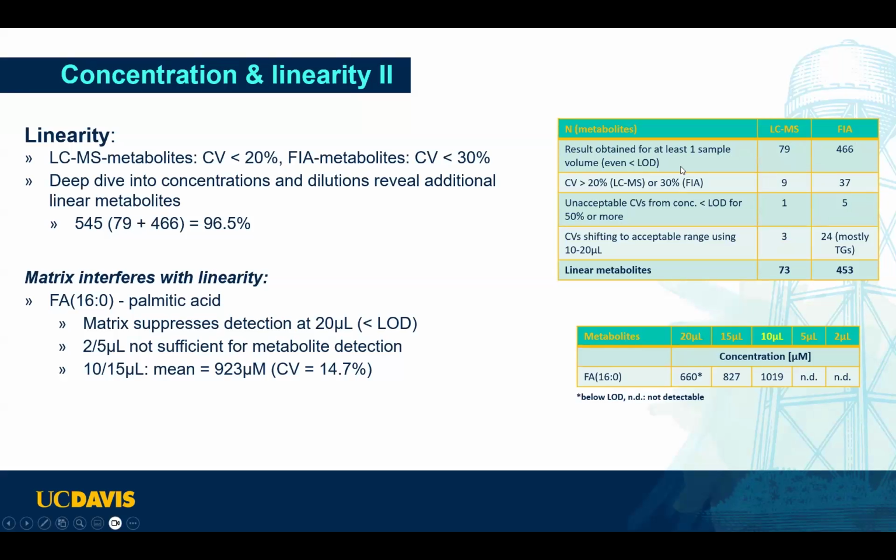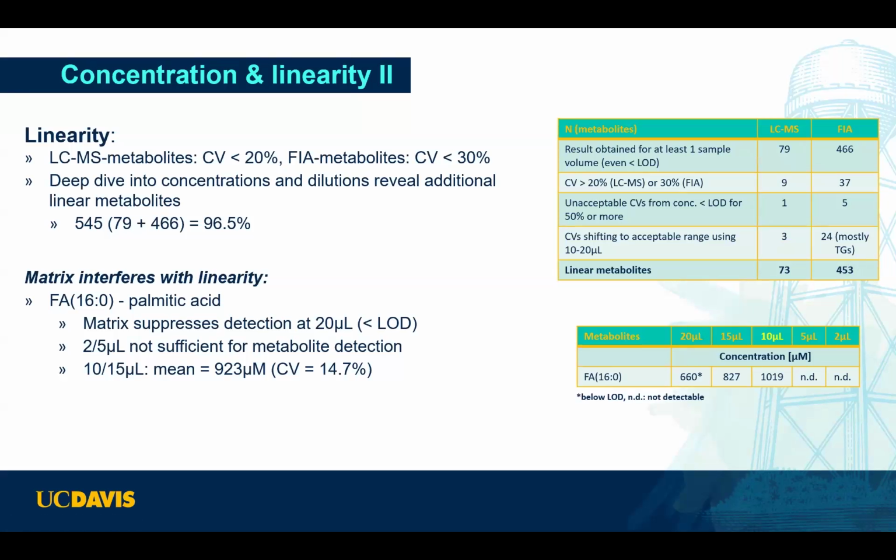Within there, given my parameters up here, I already included metabolites that were below LOD. So there are some below LOD that also have an unacceptable CV for linearity. But if you think about how many metabolites we lost at the low end of our sample volumes, and we exclude those, we noticed a bunch of the triglycerides that were previously not accepted within the CV are now within the CV.